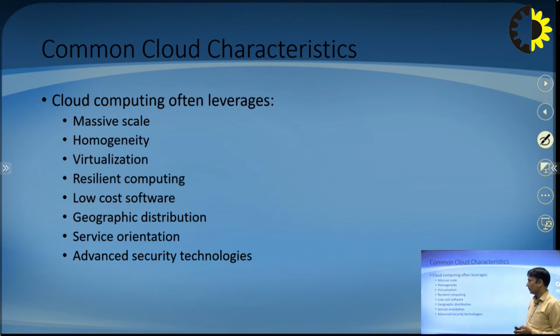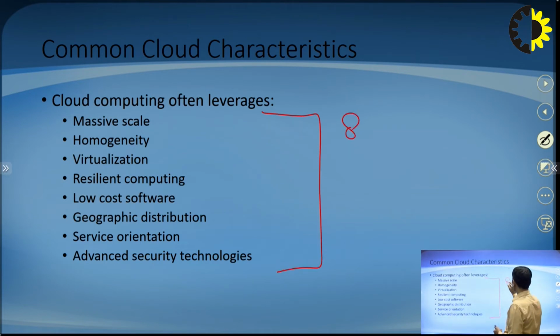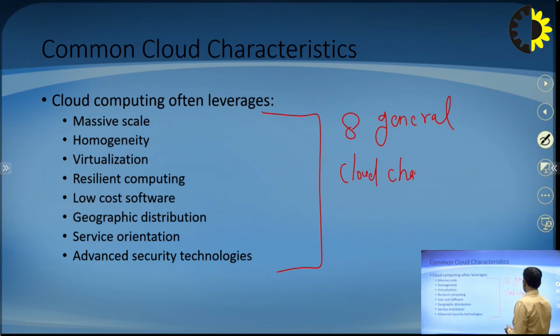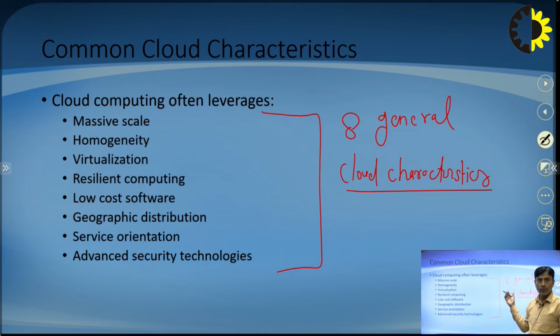These are the eight general common cloud characteristics. What is this? Let us see one by one.